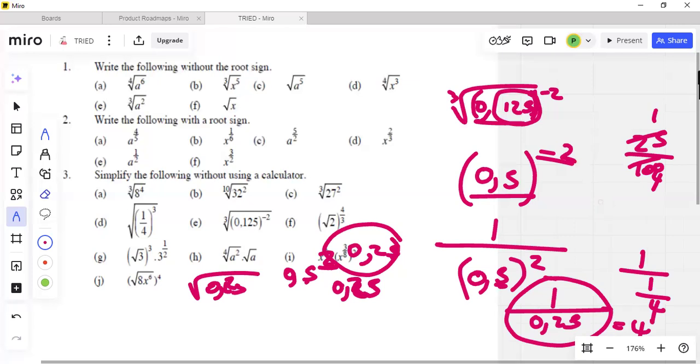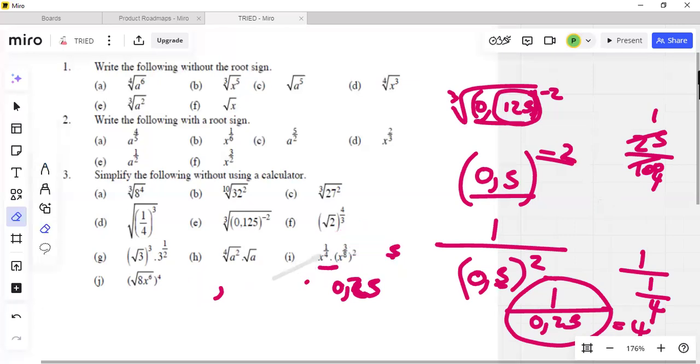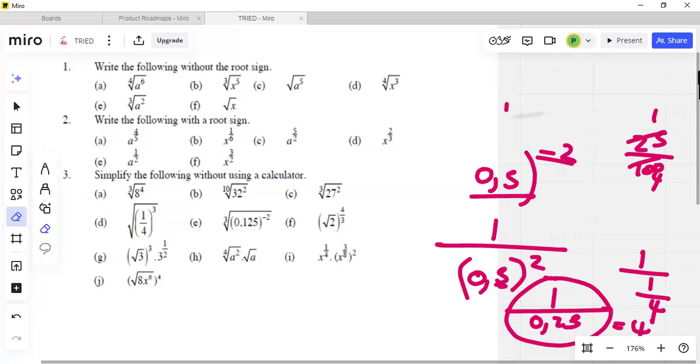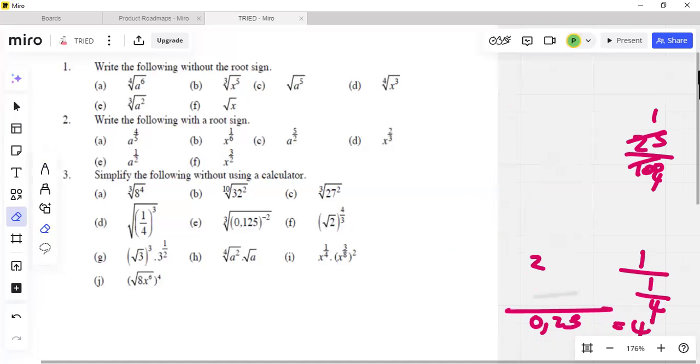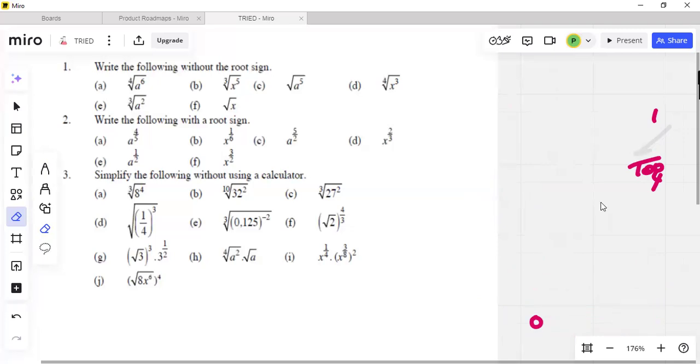I want to go to F, right? It's saying simplify the square root of 4 exponent of 4 over 3, right? Let's try to simplify that.